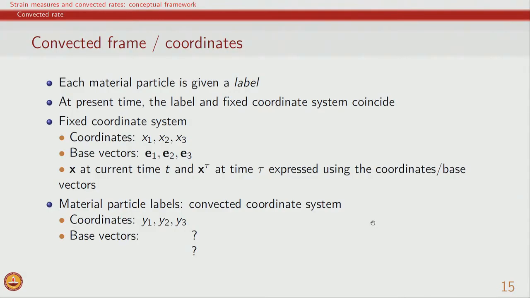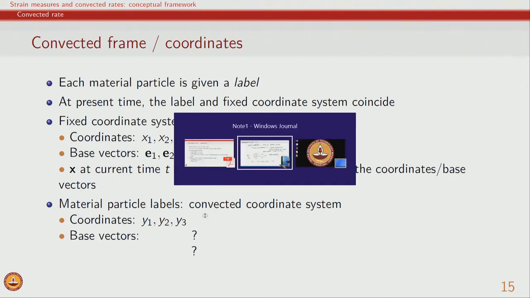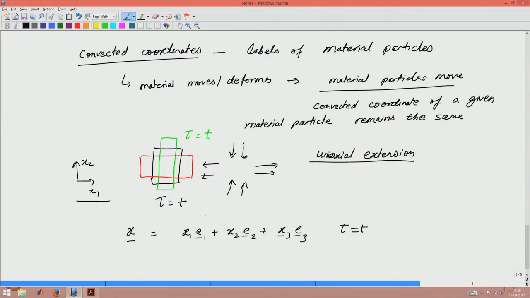So, now when we have these material particle labels being designated as convected coordinate system, we will denote y1, y2, y3. So, therefore, what we are saying is, given that it is at the present time same, x1, x2, x3 the points are our convected coordinates y1, y2, y3.